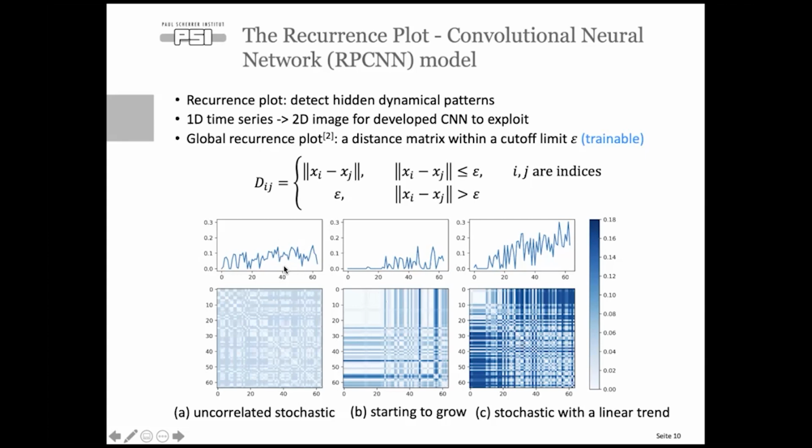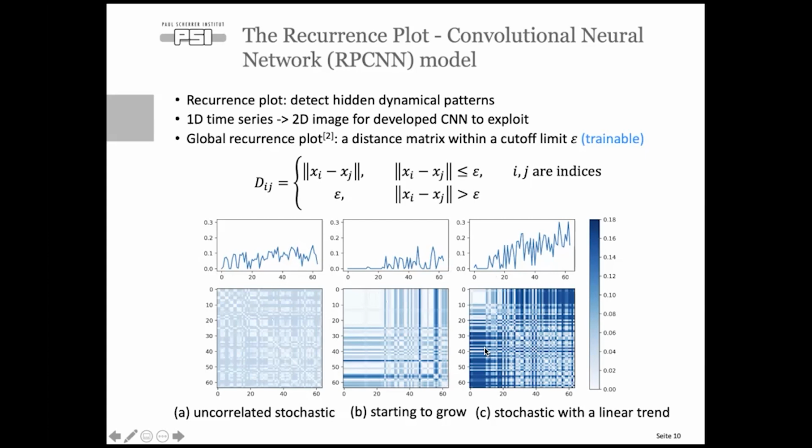The first one is a rather uncorrelated stochastic time series, and the recurrence plot has not much apparent pattern inside. The second one is something starting to grow, and you can clearly see some patterns emerging here. The third example is stochastic with a linear trend.